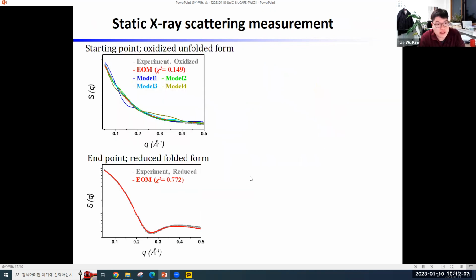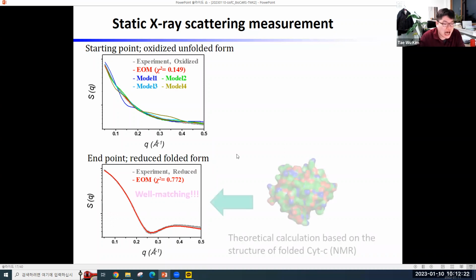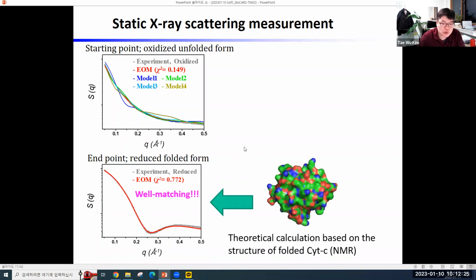This is the actual data for the static X-ray scattering measurement. The left bottom panel shows the reduced folded form data. To get structural information from this pattern, I used the solution NMR structure, which is a very well-known structure, to get the theoretical X-ray pattern. As you can see in this graph, the red line shows the theoretically calculated scattering pattern.